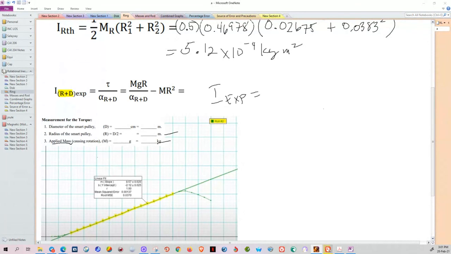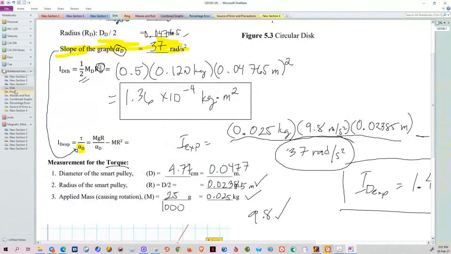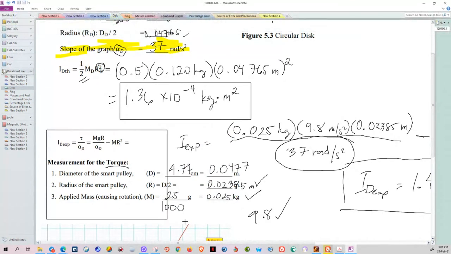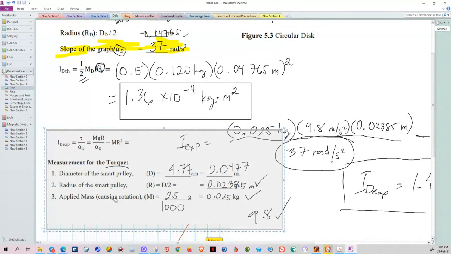Okay, let's do this. First, like I said, to calculate the inertia by experiment, we will use the value that is this. The only thing that we will change is the slope. So this will remain 0.2385 and 0.025.